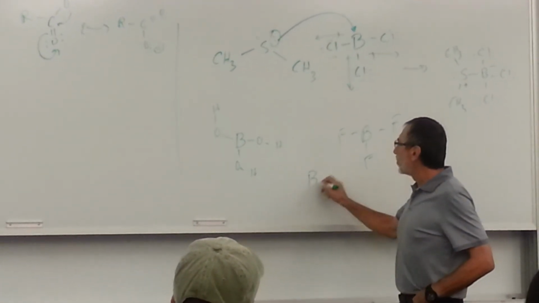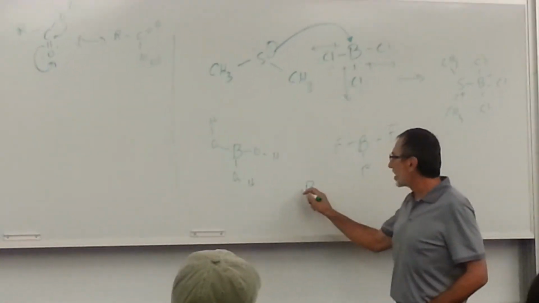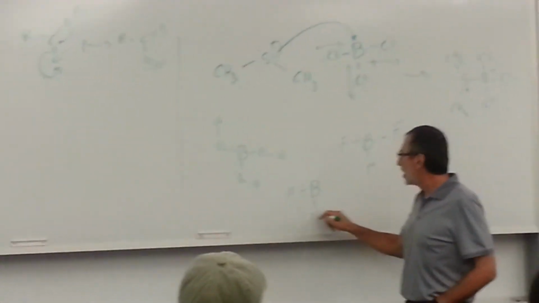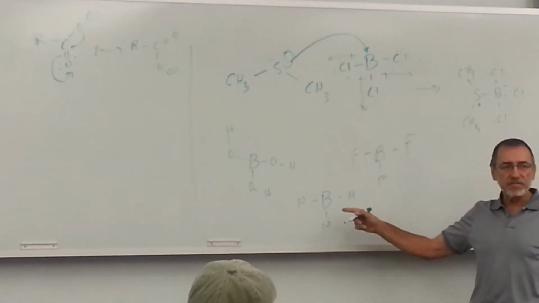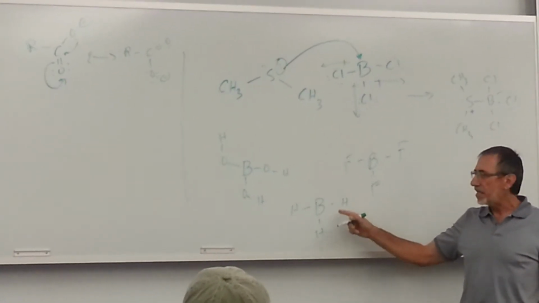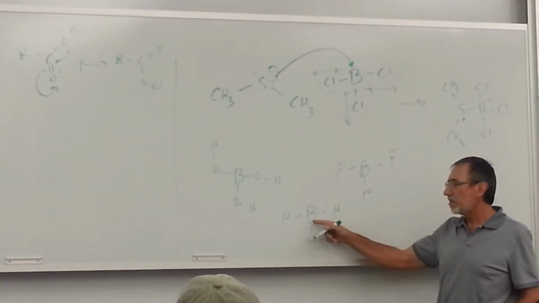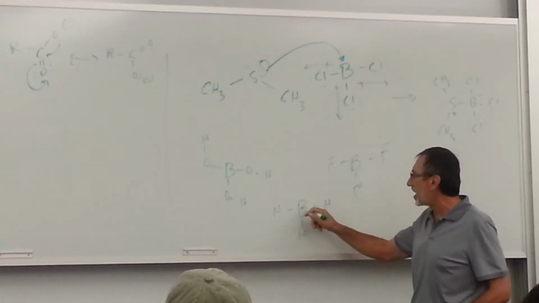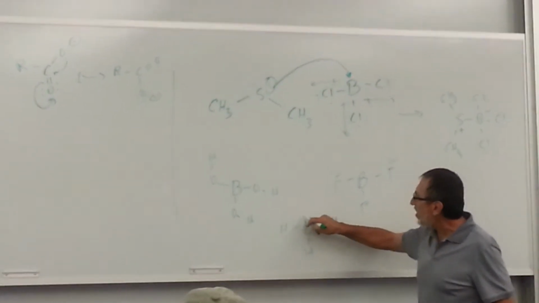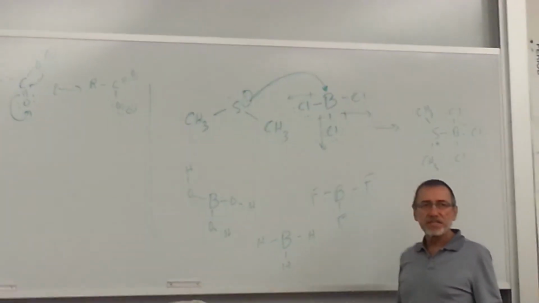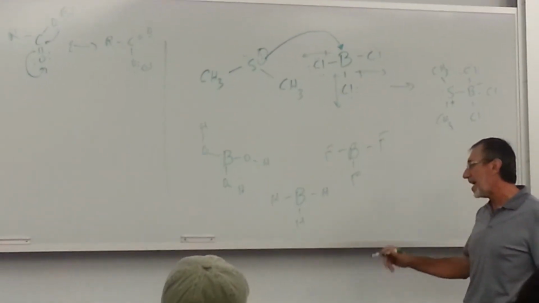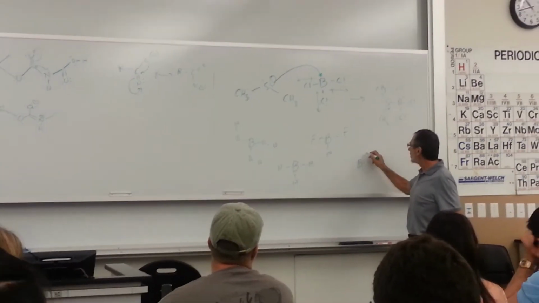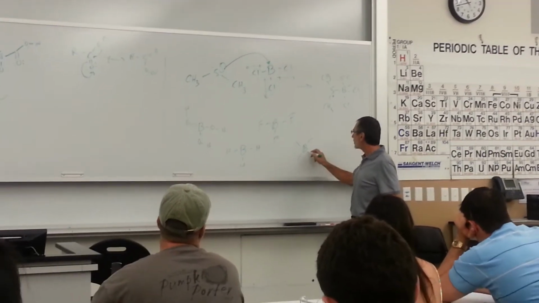But the minute you put something like this on it, you say, well, this exists only for a short time and in very dilute solutions, because the first thing that happens is the boron, this space over here is very open to picking up electrons. In fact, in this case, boron does something really bizarre.